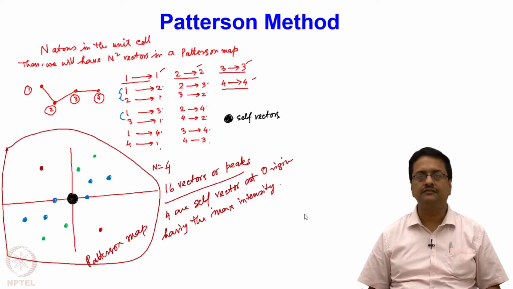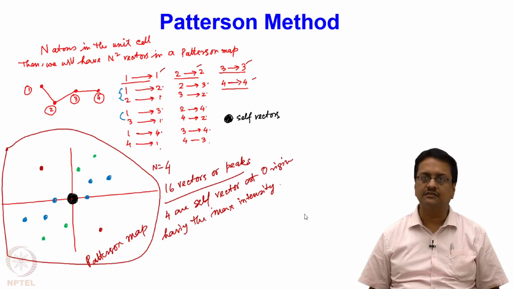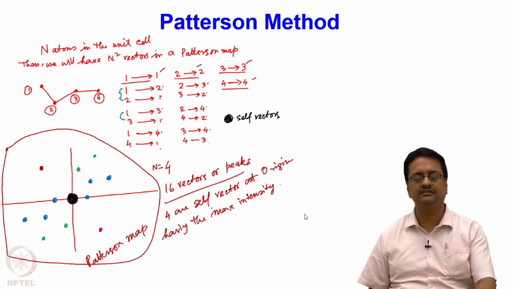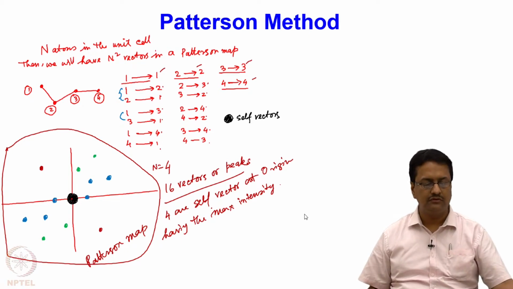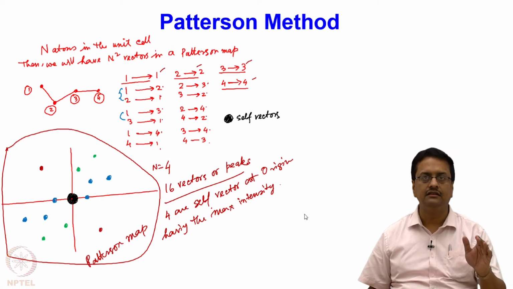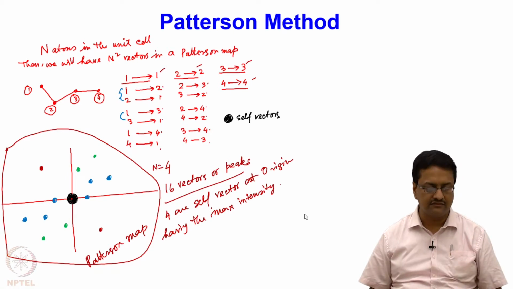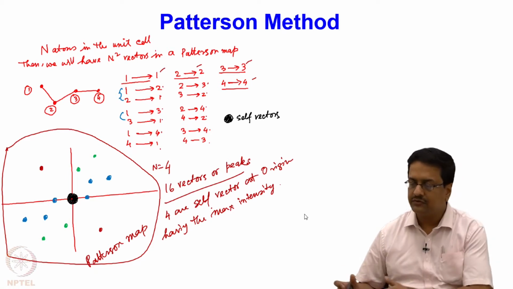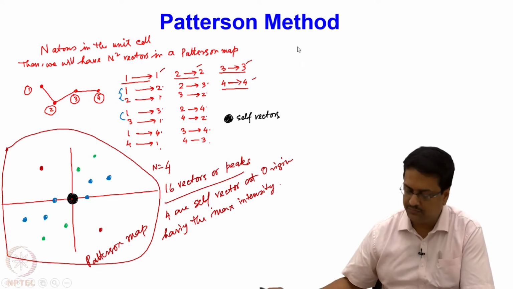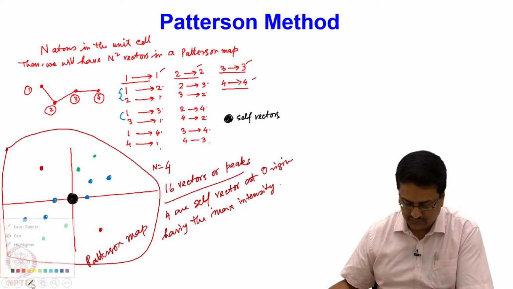So, the coordinates of atoms can then be determined from these Patterson maps. So, when we draw these Patterson maps for different symmetry elements, we have to draw them with their corresponding equivalent points.